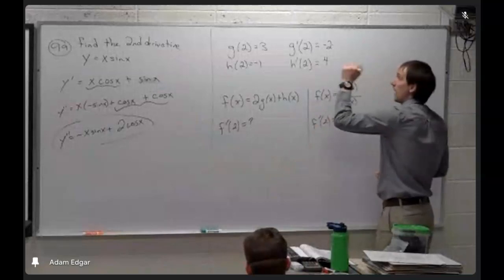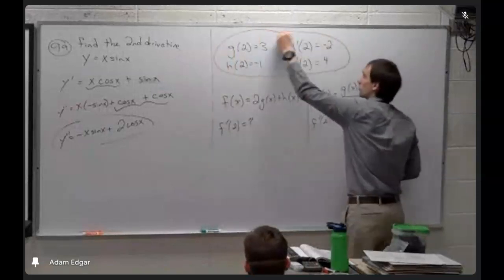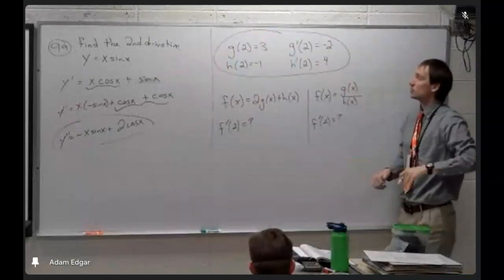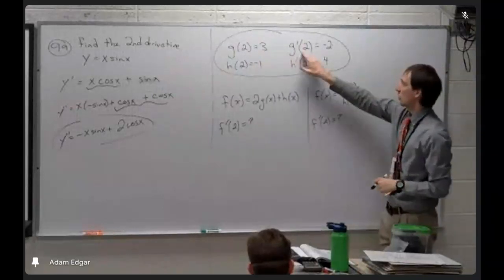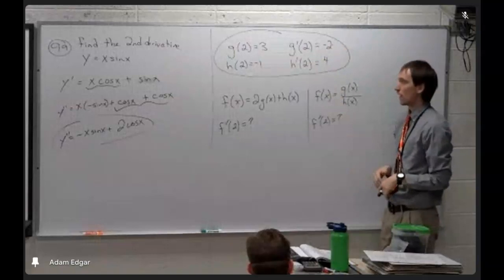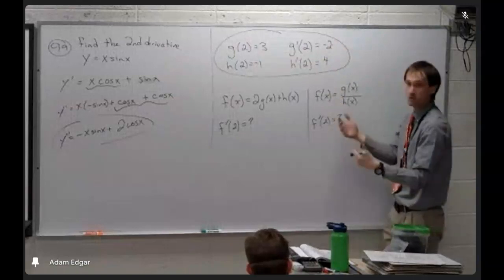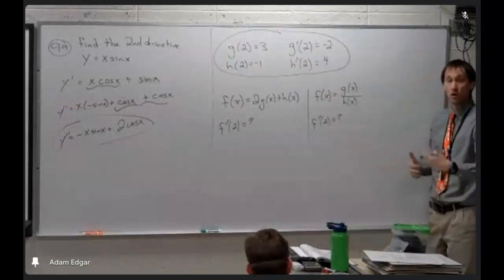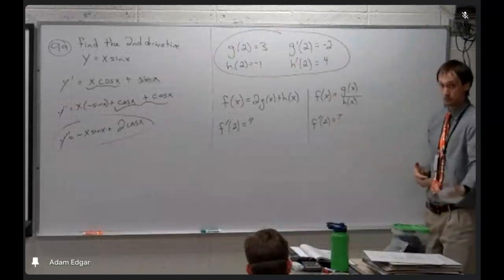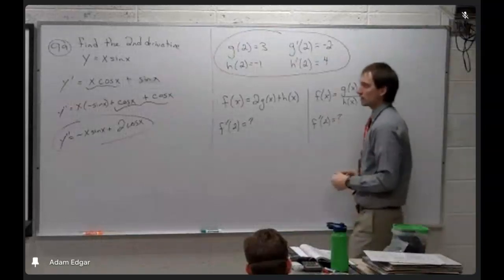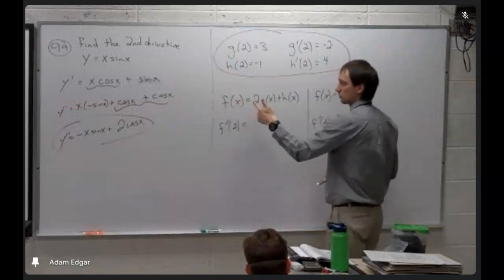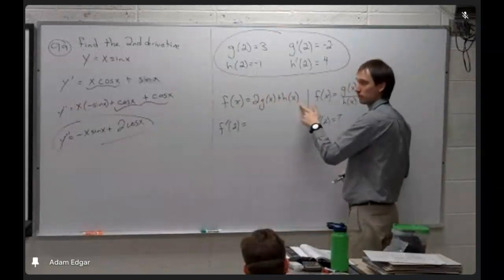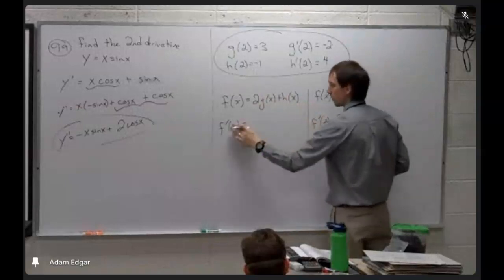I can give you information about 2 functions like this. You don't know anything about g and h except what they are and what the derivatives are at 2. So then I can create other functions in terms of g and h and ask you about those functions' derivatives at 2. So if I said, hey, what's f prime of 2 if you know that f equals 2 times g plus h, first of all, what's f prime of x?